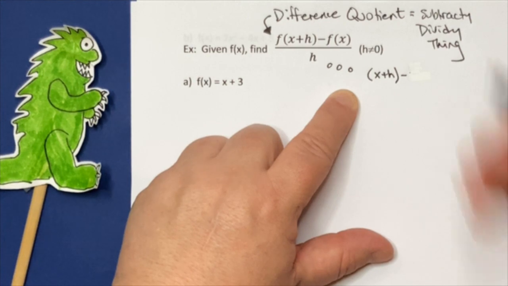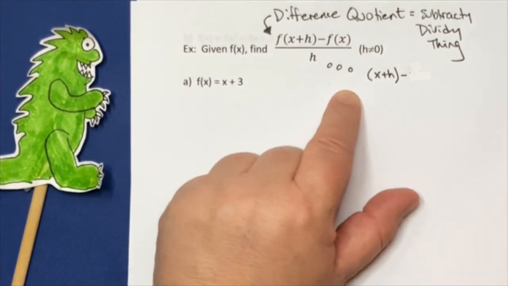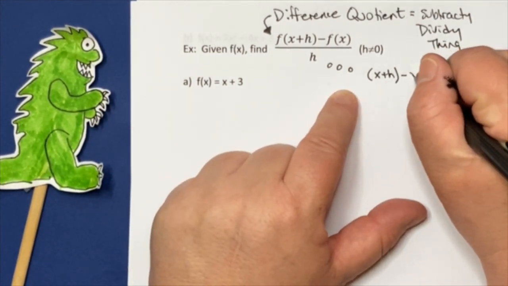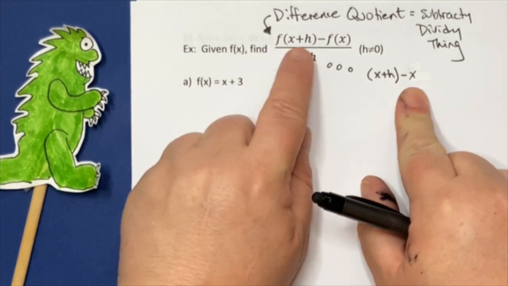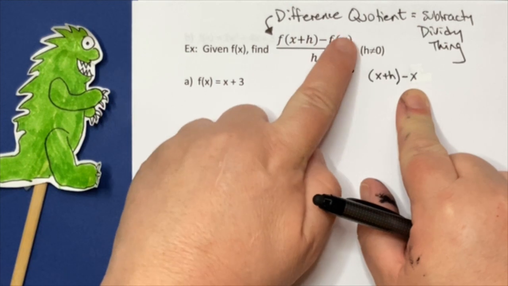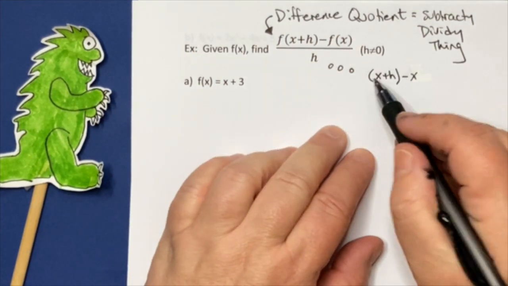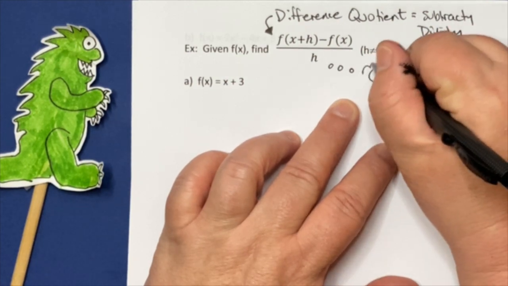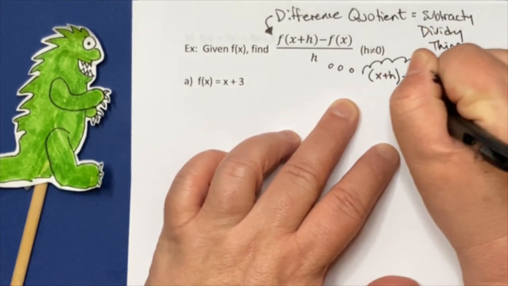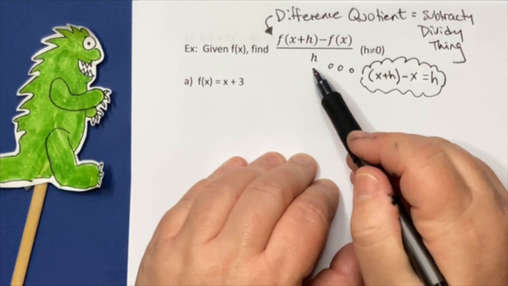That time my hand and my voice were in league saying the wrong thing together. It's x plus h minus x, which you can see right here. There's the x plus h, there's the x. And so when you take x plus h and you subtract out the x, all you're left with is the h. So this right here is where the h came from.